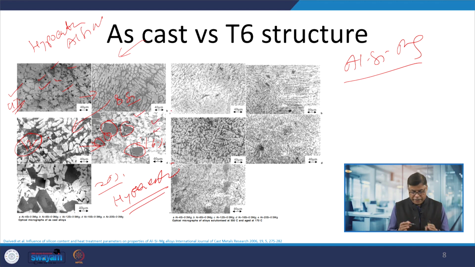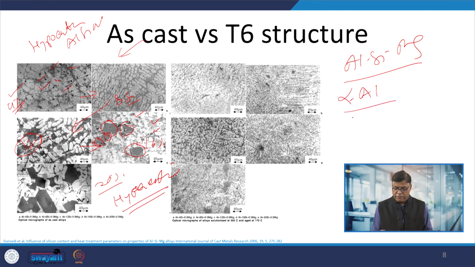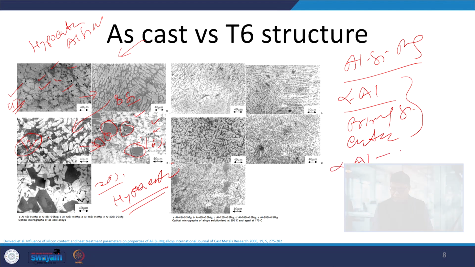So, in the hypereutectic aluminum alloys, we have alpha aluminum, primary silicon and eutectic, these three constituents, while in the hypoeutectic systems we have only alpha aluminum and eutectic. There is no primary silicon for eutectic and hypoeutectic systems. So, that is the case of this 1, 2 and also in 3. This is the eutectic or hypoeutectic aluminum silicon alloy.